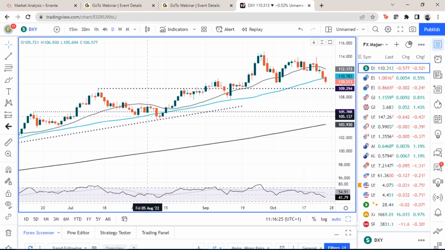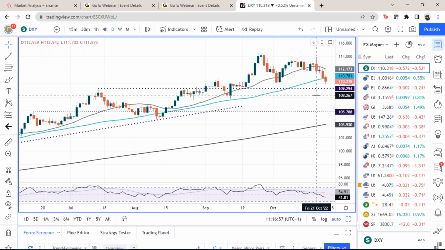So 110 probably tallies with around parity in Eurodollar, and you can see we've just bounced off that level. Those were the October lows as well, 110.05, 110.09 I think. So we've just bounced off there today, but certainly the dollar has been falling from the highs.